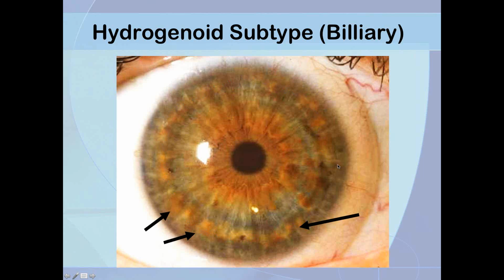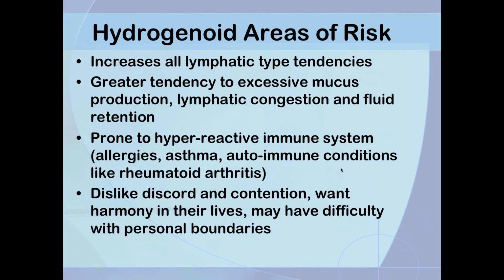Those little cloudy things are also known as lymphatic tophi. This increases all of the basic tendencies of the lymphatic type. So in other words, all that increased risk of lymphatic congestion, respiratory problems, urinary tract problems, etc., this aggravates all that.